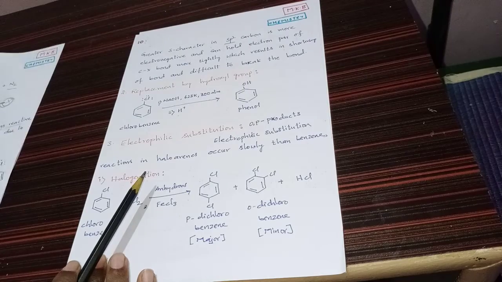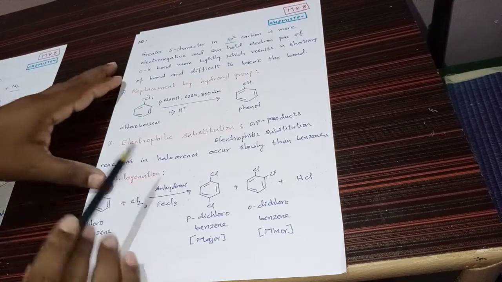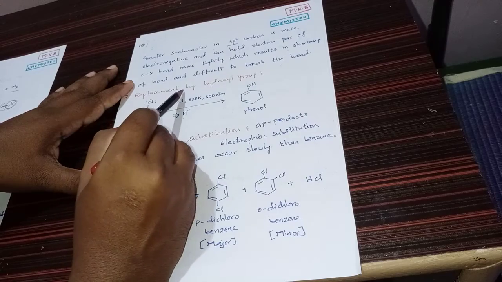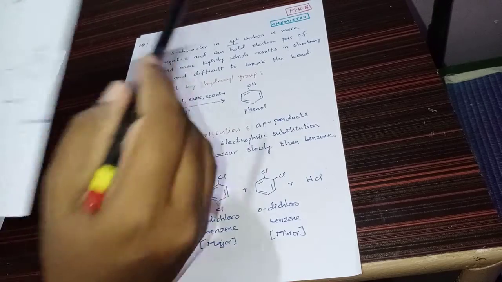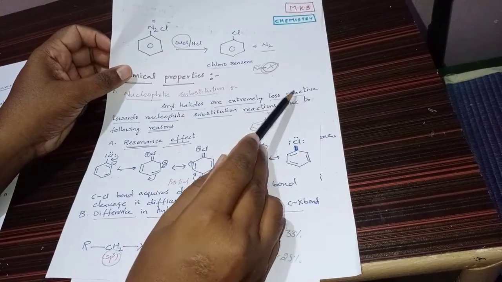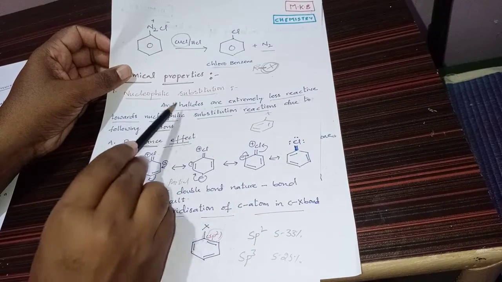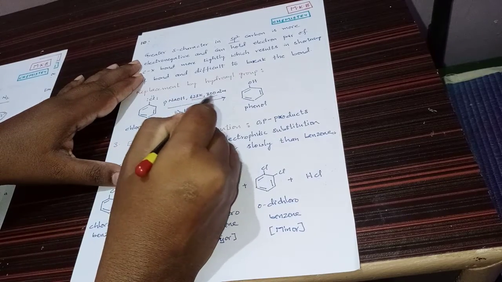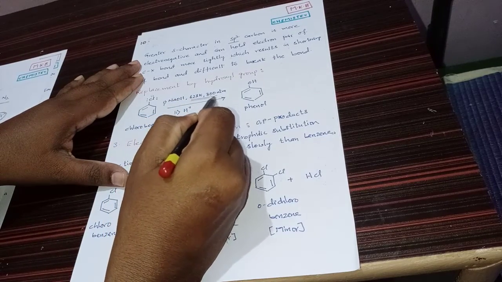Now let us see an example for nucleophilic substitution. Even though it is difficult, we are saying only that it is less reactive. To make the aryl halides participate in nucleophilic substitution, we have to use some conditions like high temperature, high pressure.